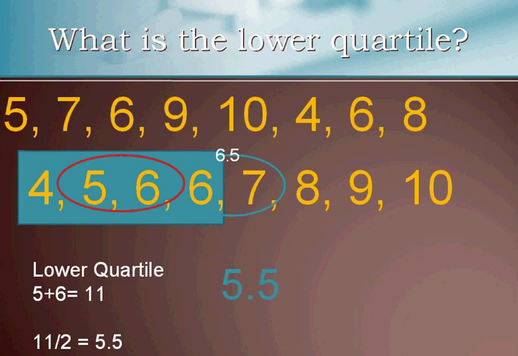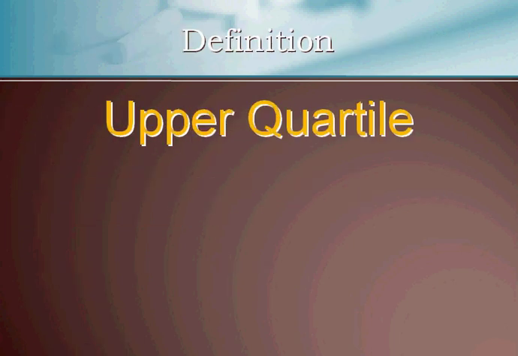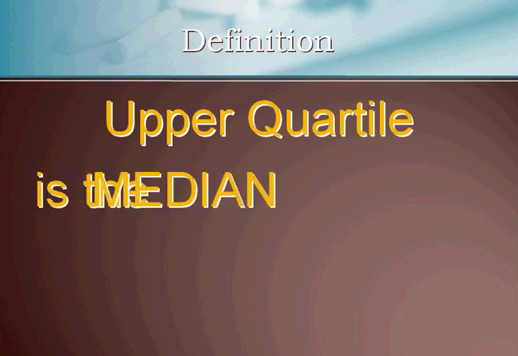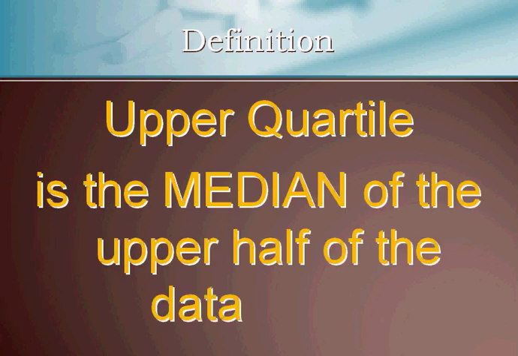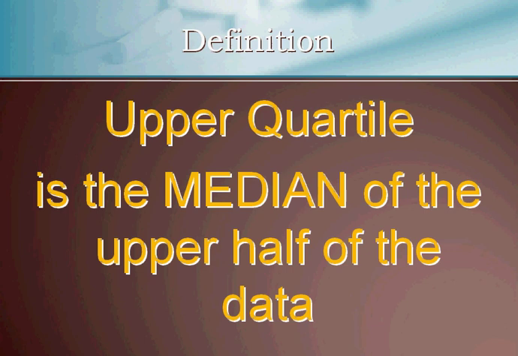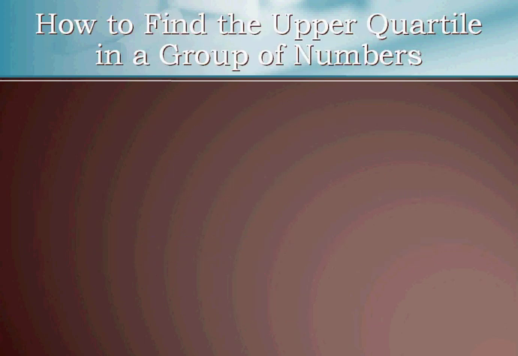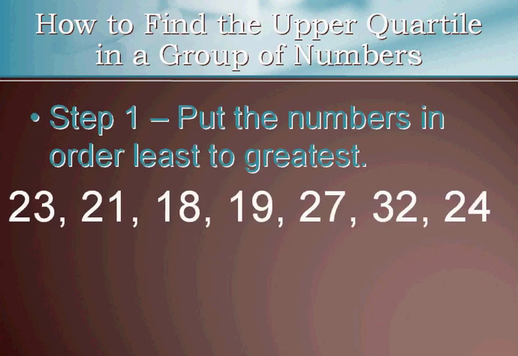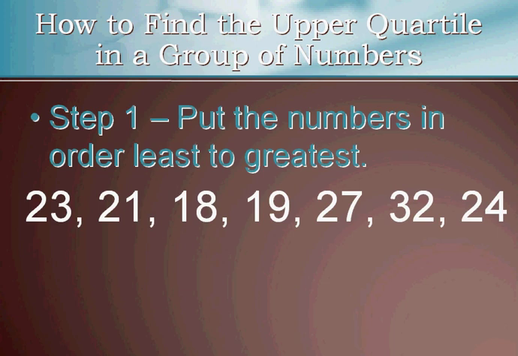Upper quartile is the median of the upper half of the data. Step 1, put the numbers in order. At this point, you should be seeing a pattern that our first step is always to put the numbers in order least to greatest when looking for any of the measures of variation. Step 2, we're going to find the median.